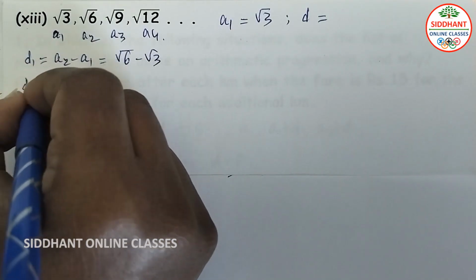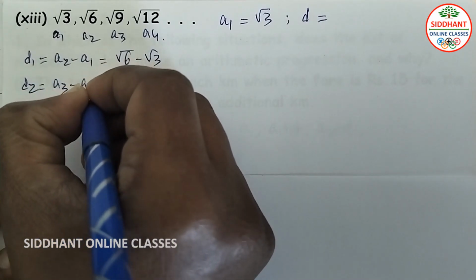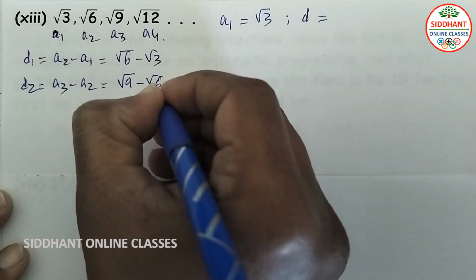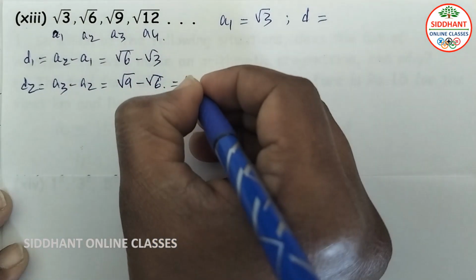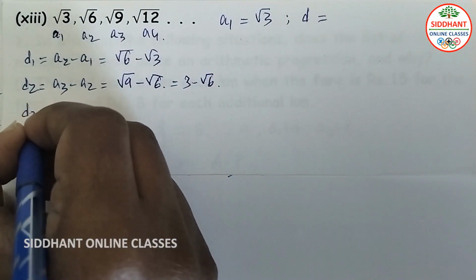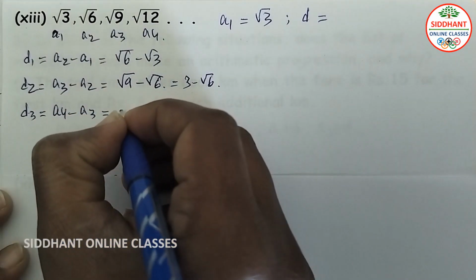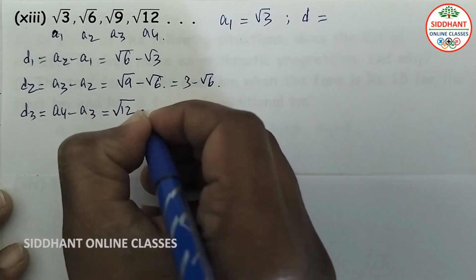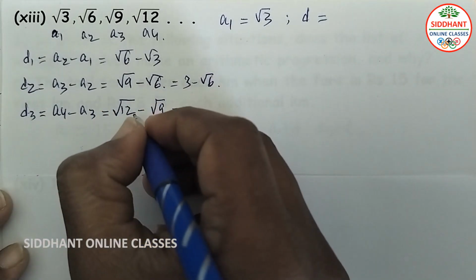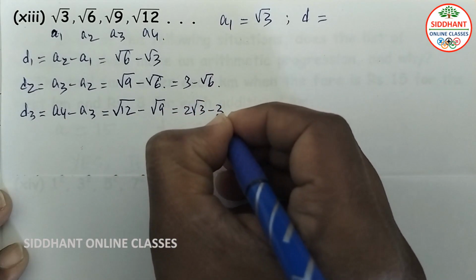Now D2, which is A3 minus A2, which is root 9 minus root 6, that is 3 minus root 6. D3, which is A4 minus A3, that equals root 12 minus root 9, that equals 2 root 3 minus 3 here.